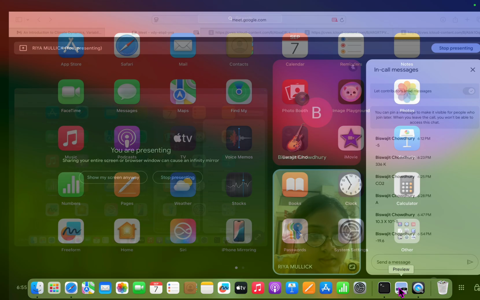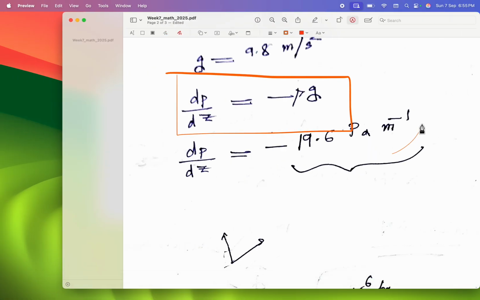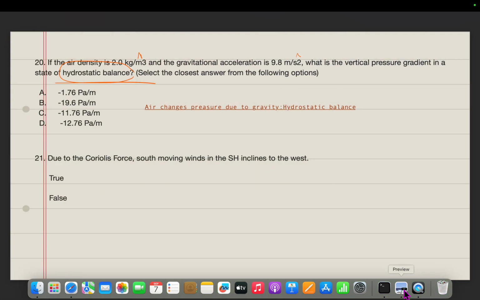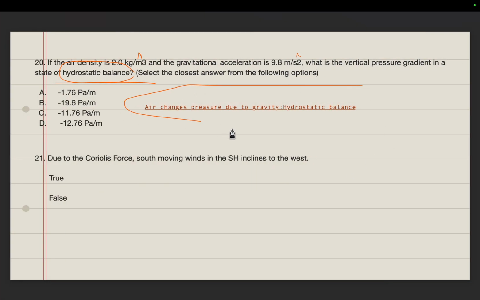And the unit will be Pascal per meter. Pascal is the unit of pressure, and by z, that is the inverse meter.